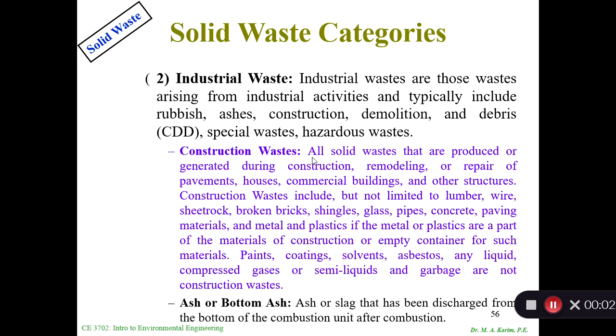Industrial wastes are those arising from industrial activities and typically include rubbish, ashes, construction and demolition debris, CDD, special waste, and hazardous waste. I'm not going to read all of those here. These are very easy to read, and I have those in my class notes. The construction waste comes from construction activities, then ash or bottom ash. Ash and bottom ash come from burning. Say if we burn solid waste or coal, then we generate two kinds of ashes: one is the fly ash, the other is called the bottom ash.